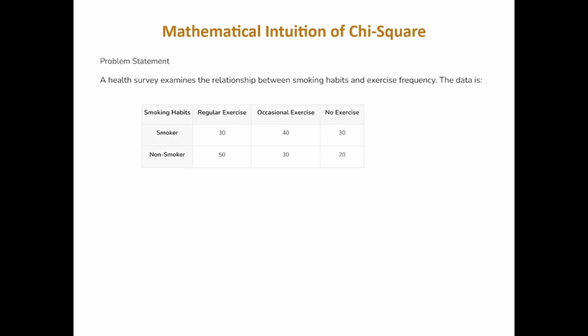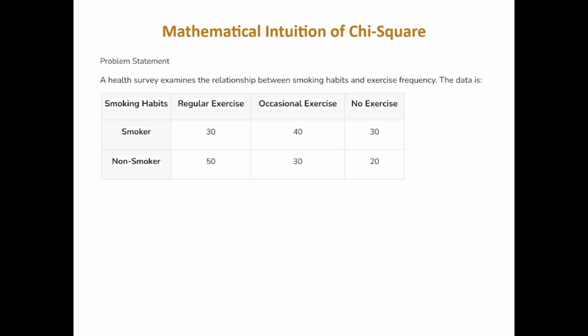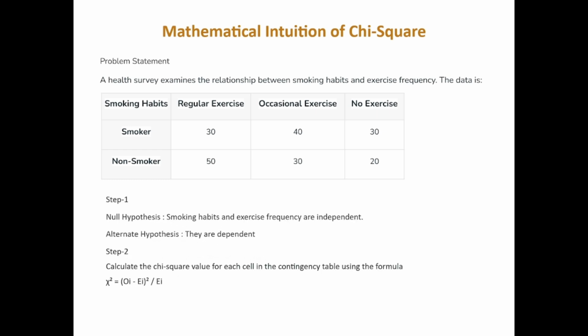Now I will show you a small mathematical example to explain how we should perform the chi-square test theoretically. My problem statement is a health survey where we are checking whether there is a relationship between smoking habits and exercise pattern.